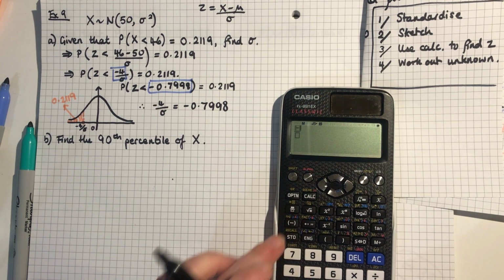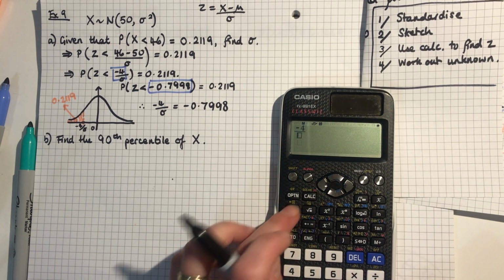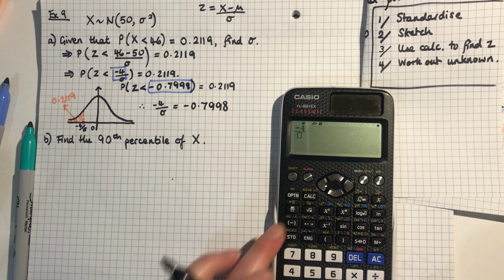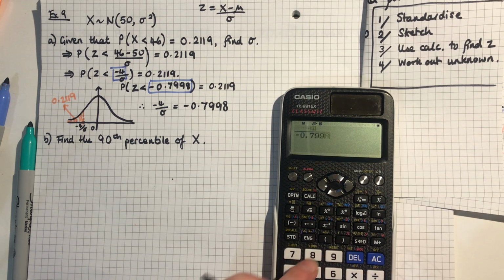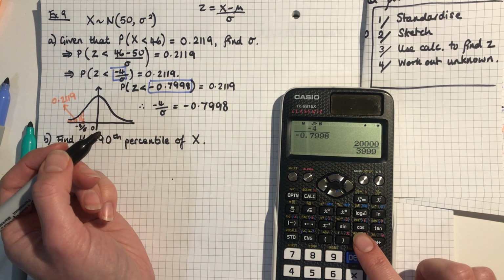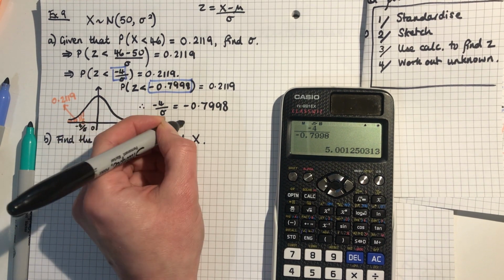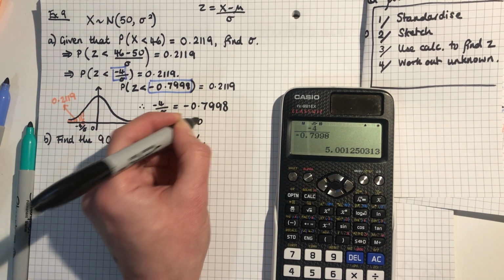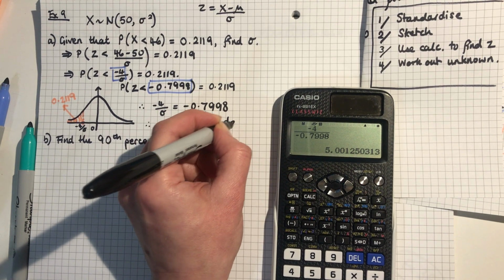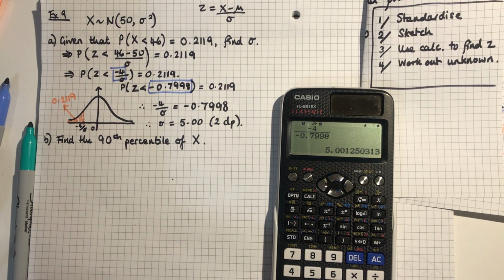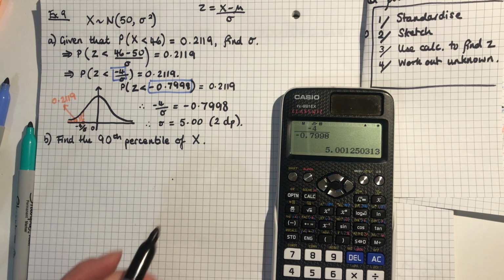So we need to do minus 4 divided by minus 0.7998 to give me a sigma value of 5.00 to 2 decimal places, 3 significant figures.